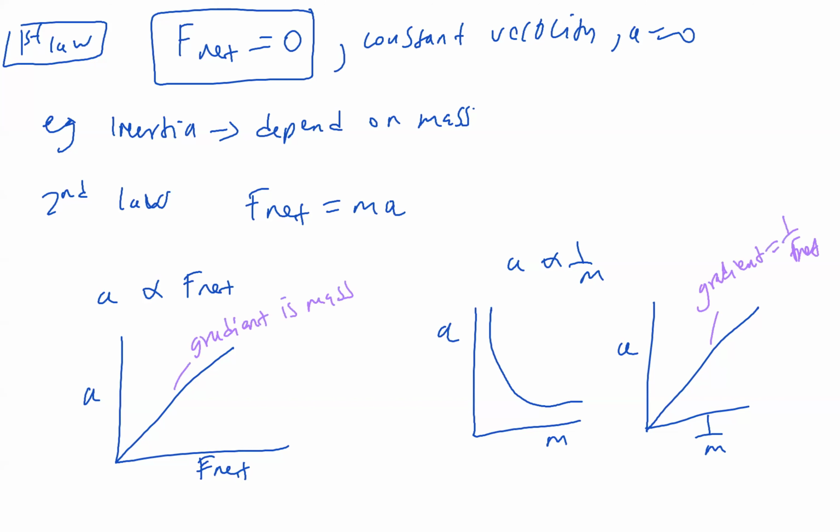I believe it's 1 over F, let me check it out. Because we are saying change in a over change in 1 over m, therefore this is change in m over change in a. The gradient is Fnet, because F, m, and a, the product is Fnet.